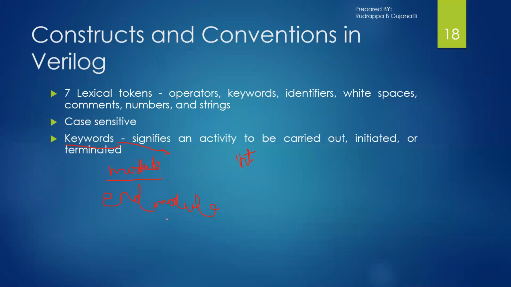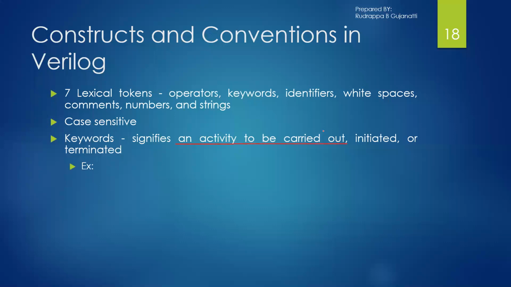Module defines the start of a Verilog program, and endmodule defines the end, or termination. These keywords have a specific meaning and a specific activity which they have to perform.